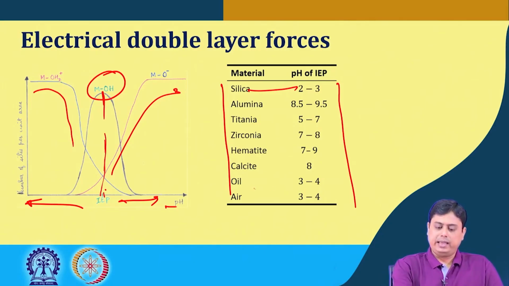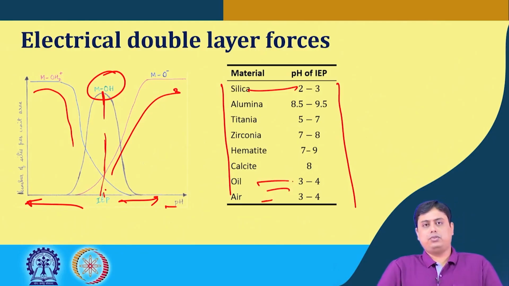Oil and air are in the order of 3 to 4. So that means depending on the material, we have different IEP values, and depending on whether the medium pH is higher or lower than that, we have surface charge development on the surface of these particles.